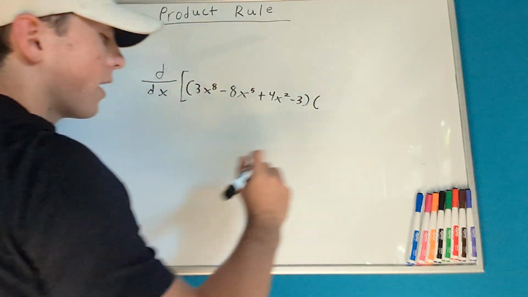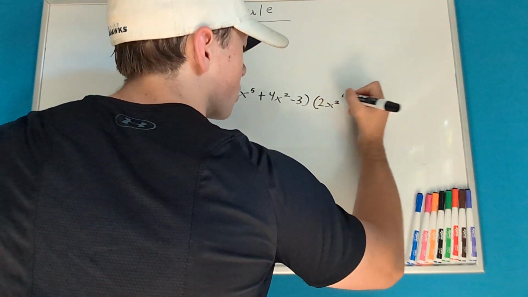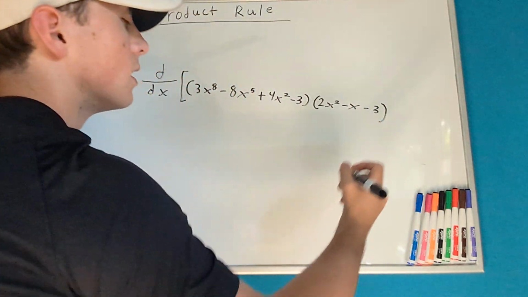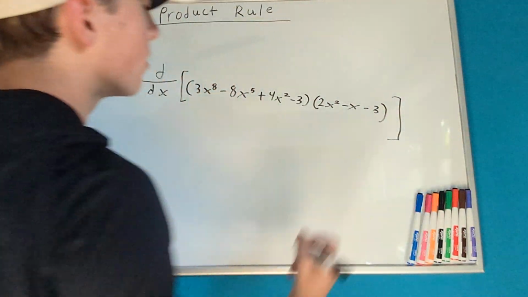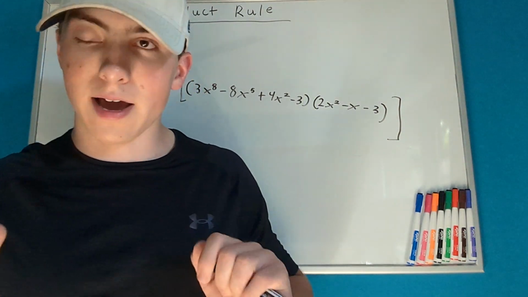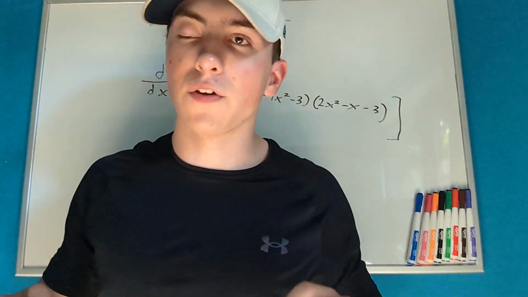Then this whole thing times 2x squared minus x minus 3. See if you can figure this one out. This one's a little bit longer than what we've just done. If you can figure that out, I think you'll be set, at least on the basics of the product rule.